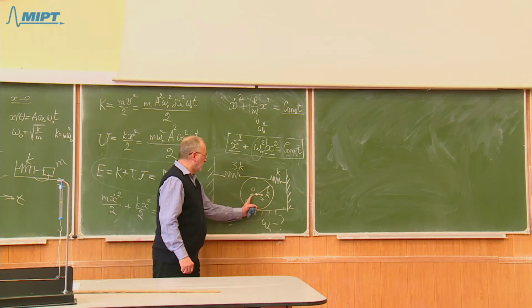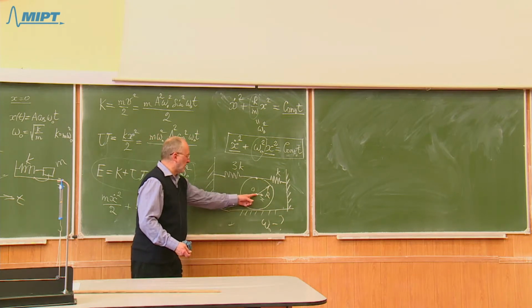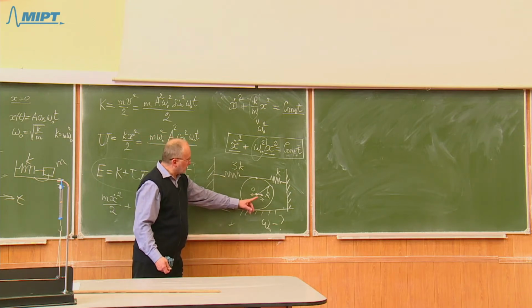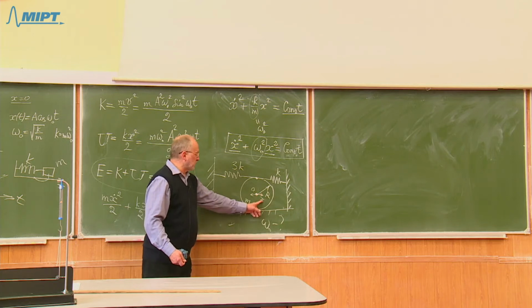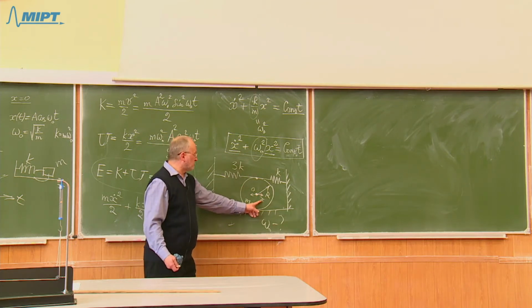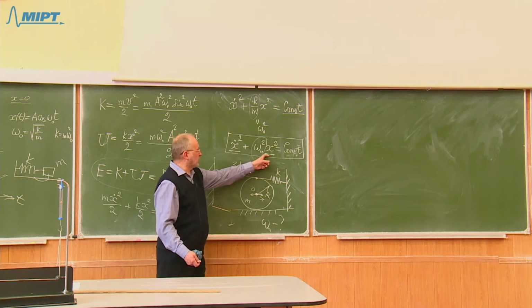You can choose the displacement of this point, because when the disk rolls, this point moves horizontally, parallel to the floor. So the displacement of this center of mass may be chosen as x, and then using this coordinate, you will have to find both the kinetic energy and the potential energy.